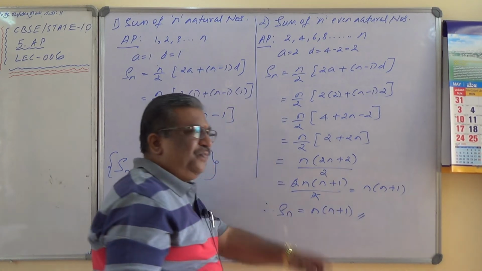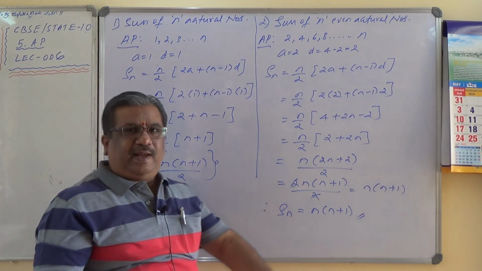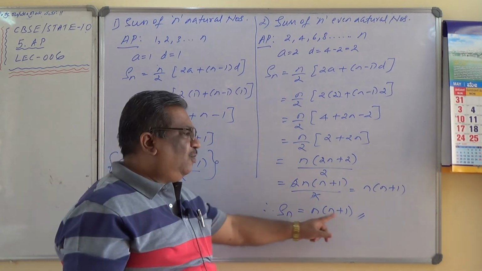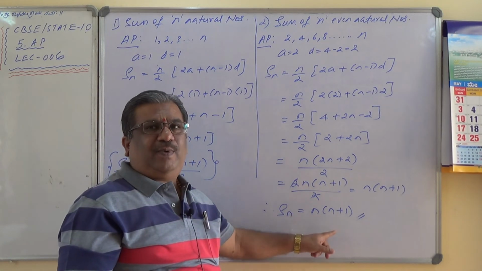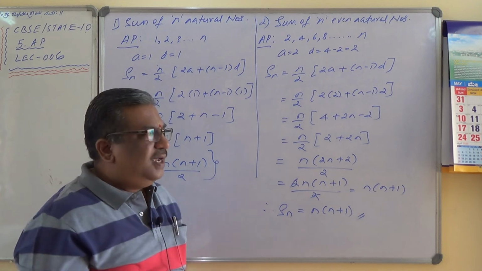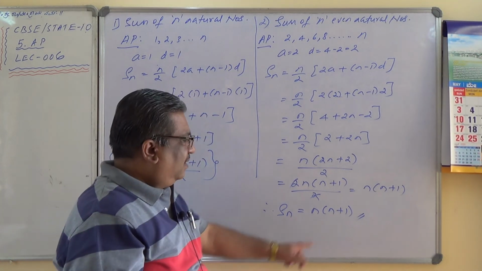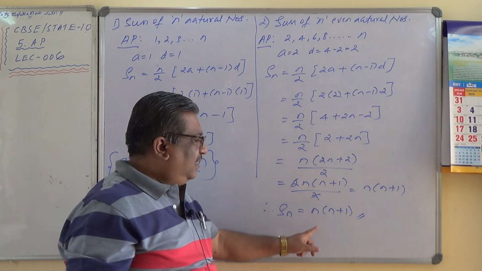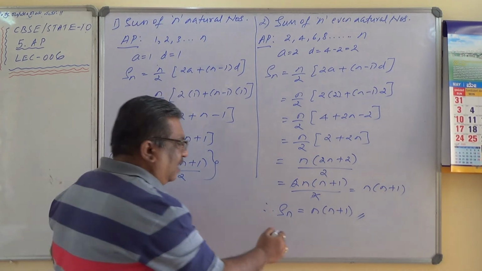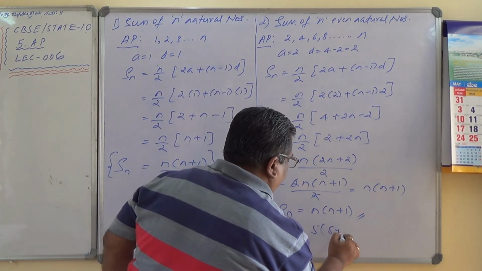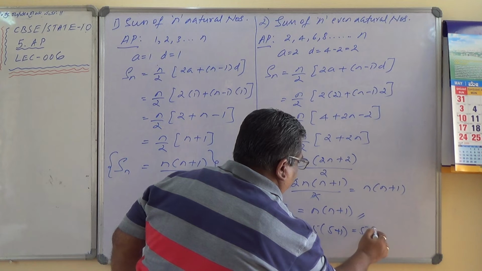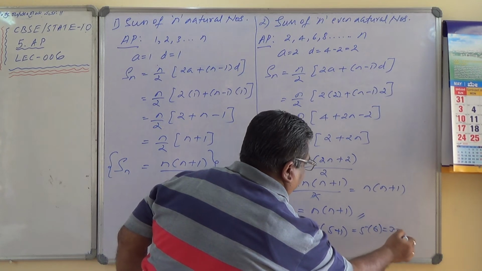Can we test it over here? You take n equal to 1: 1 into 1 plus 1, that is 1 into 2, which is 2. Is it not even? Yes. Take n equal to 5: 5 into 5 plus 1, which equals 5 into 6, which is 30, an even number.